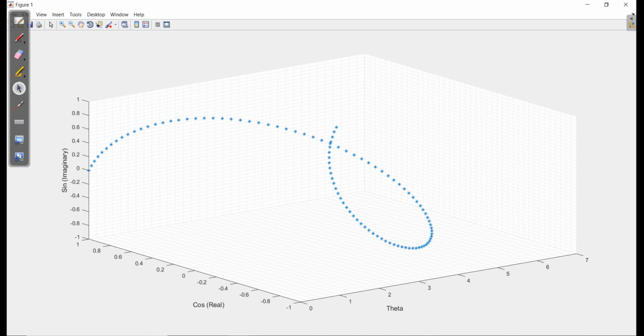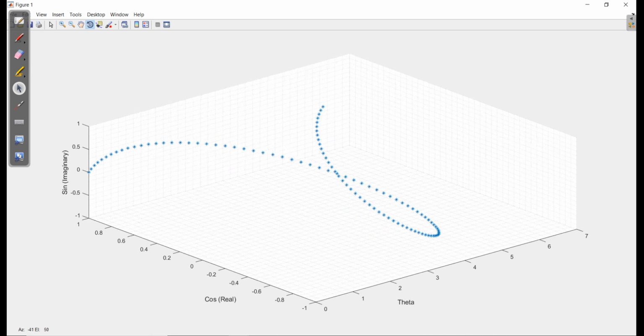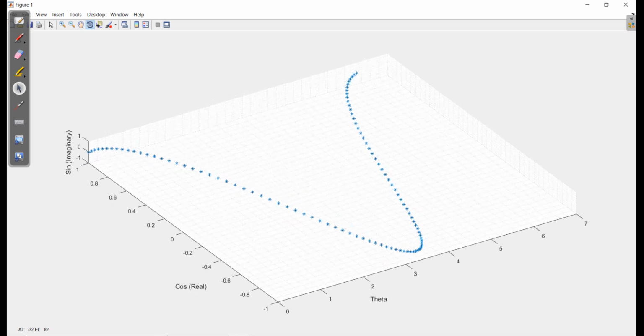If we project this complex exponential onto the real axis, we should be able to see the cos function. So I will move this graph in 3D in such a way that the mapping onto the real axis is seen.